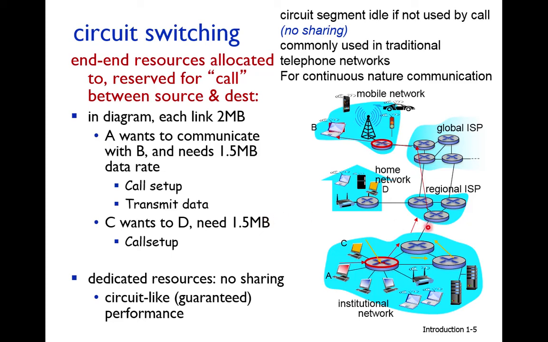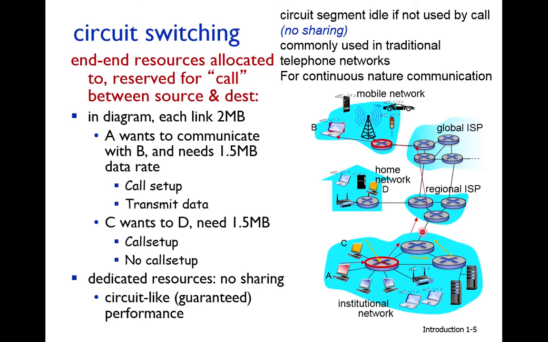So 1.5 MB is more and 0.5 MB is less. It means that this link cannot accommodate C to D communication. So the call setup for C to D will not be set up. It will be rejected because the network is busy. The network is not available.